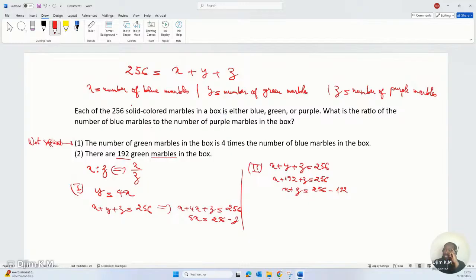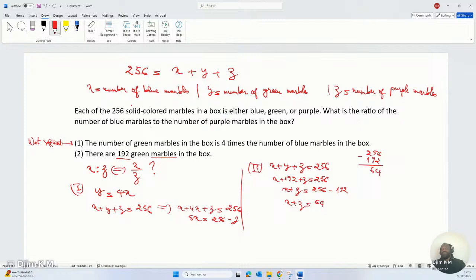This will allow us to get the value of x plus z. Okay, but it's not going to be sufficient to get the value of x and the value of z, because this is what we need to find.